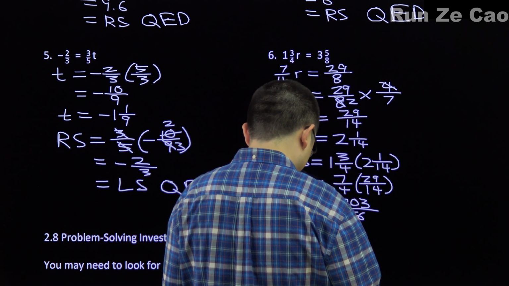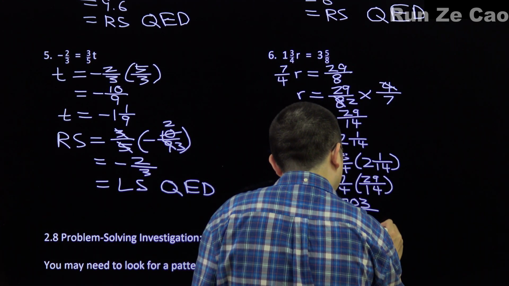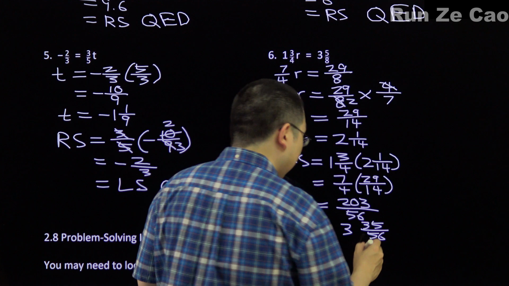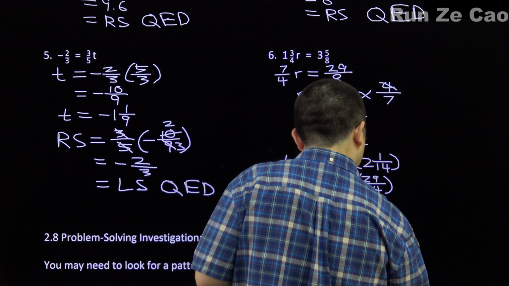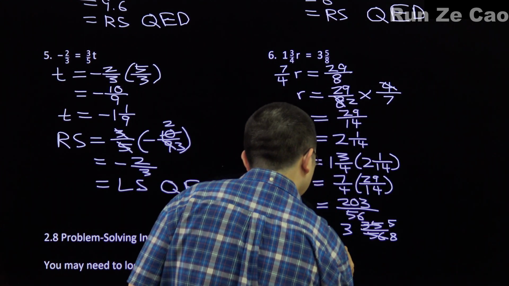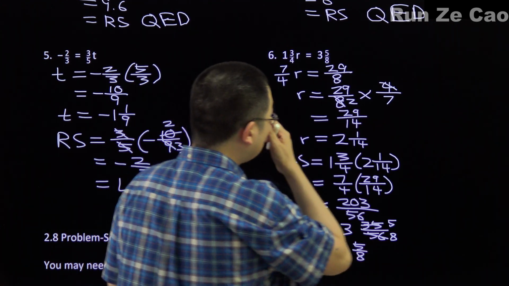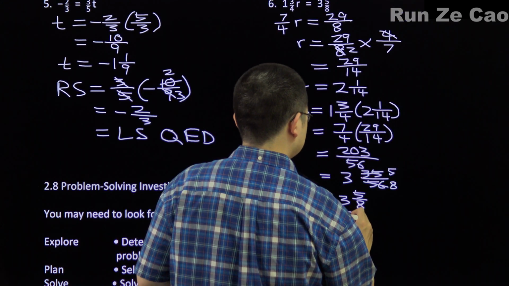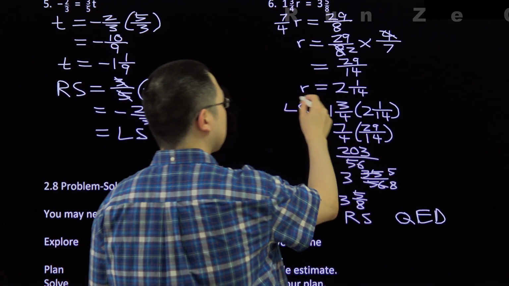So 203 minus 168 is 35. So we get 3 and 35 over 56. 35 is 5 times 7, and 56 is 8 times 7. So it's equal to 3 and 5/8, which is equal to the right side. And thus, we've shown that this answer for R is correct.